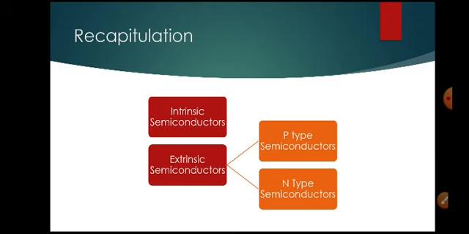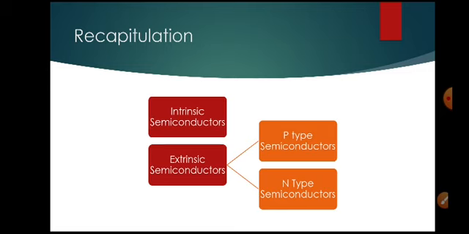Basically, semiconductors are of two types. One is intrinsic semiconductors, another one is extrinsic semiconductors. Intrinsic semiconductors are the semiconductors which are available in an extremely pure form. They are pure in nature.